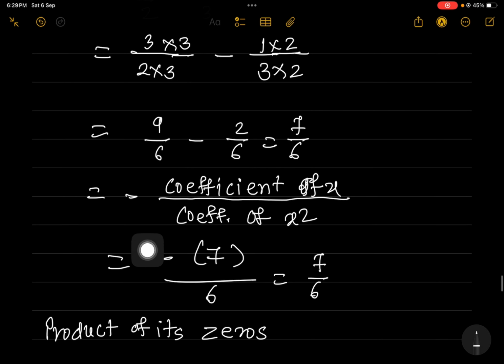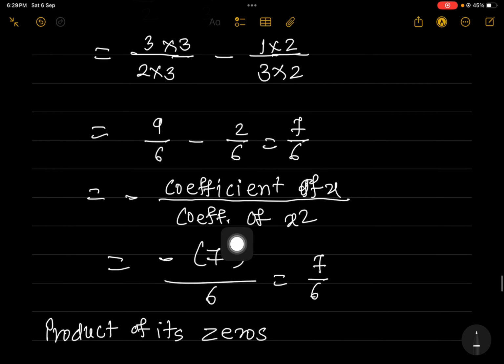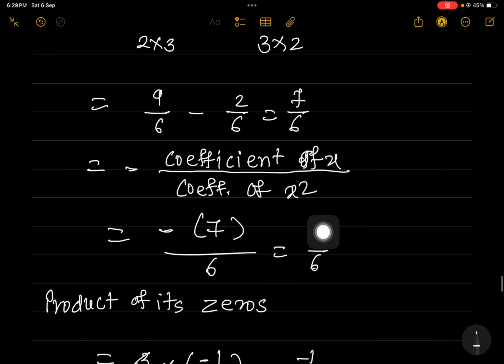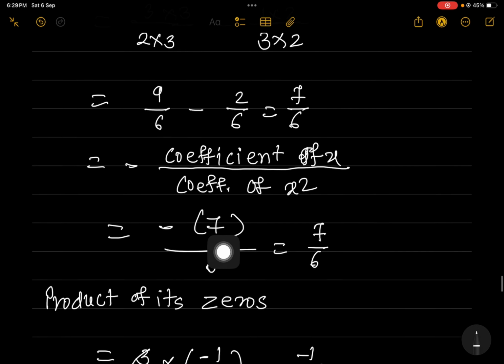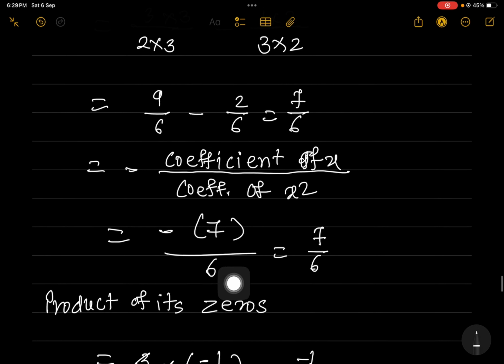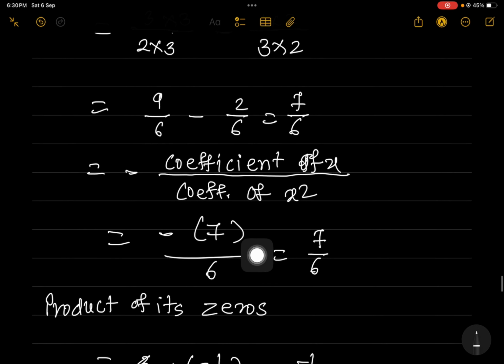So another way, minus coefficient of x upon coefficient of x square. So minus sign as it is. What is the coefficient of x? Coefficient of x is minus 7, because for this formula minus sign is there. And coefficient of x square is 6.